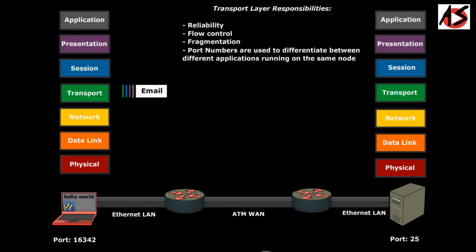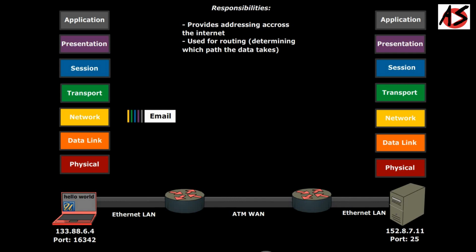Now from the transport layer, we will move to the network layer. In a computer network, each node is identified by a unique IP address. So you can see here the sender has IP address 133.88.6.4 and the receiver has IP address 152.8.7.11.